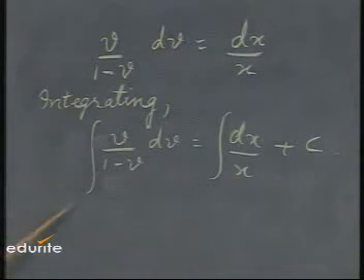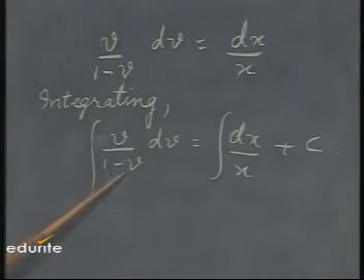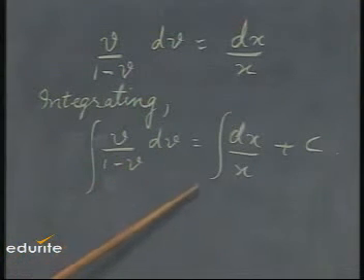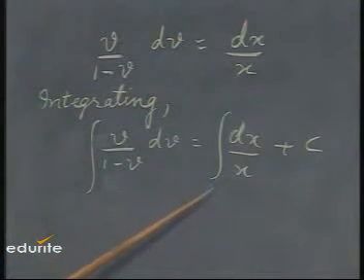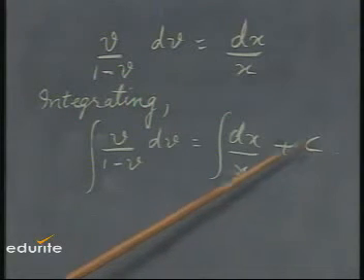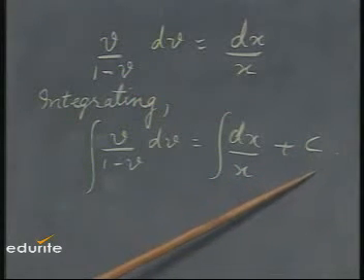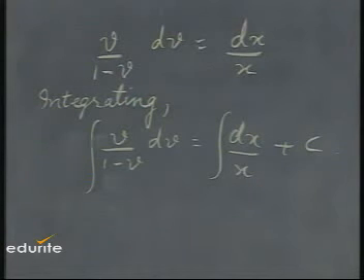Integrating, we get integral of v divided by 1 minus v dv is equal to integral dx by x plus a constant c. Constant c is the constant of integration. As always, we add the constant c.